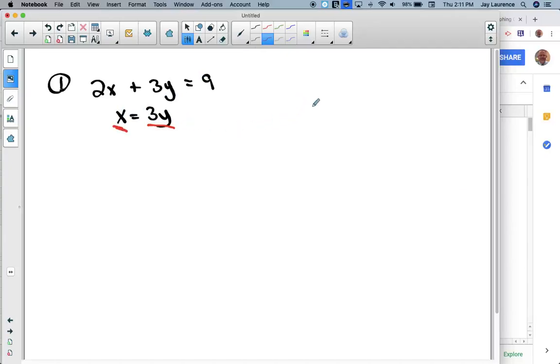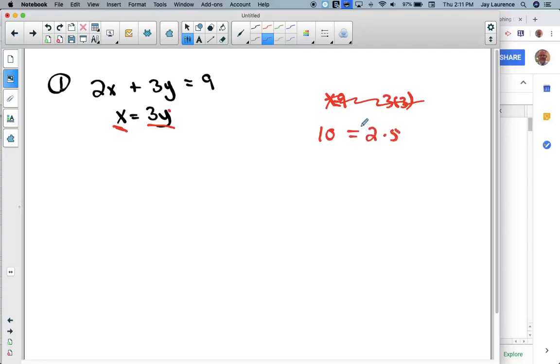So if x is 9, then y is 3, because 3 times 3 is 9. But the important thing is that x and 3y have the same value, just like 10 is the same as 2 times 5. Yeah, that's all it's saying.